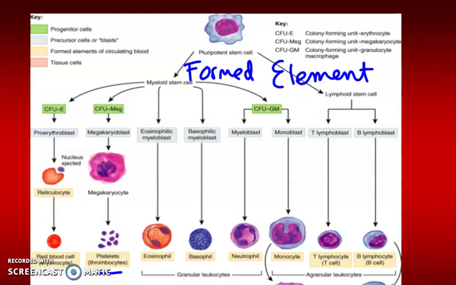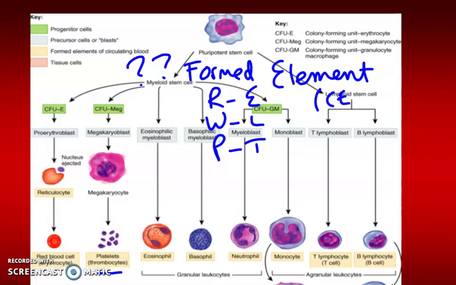So in the test, we're going to say "what formed element," and your choices will be red, white, and platelet, which we're going to switch to erythro, leuko, and thrombo. But those are going to be your choices because platelets really are not a cell. They're a piece of a cell. So when you guys see formed element, don't panic about that. Just think cell. Okay, what cell does this? What cell does that? And that's what we're going to do in this unit. We're going to talk about each one of these.